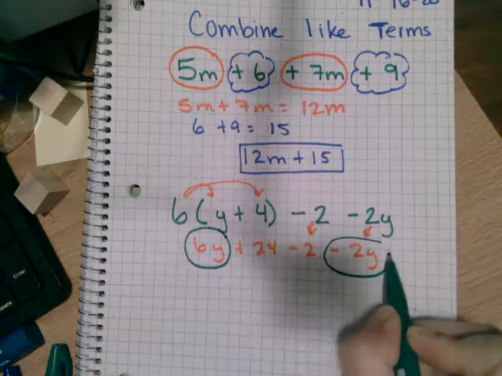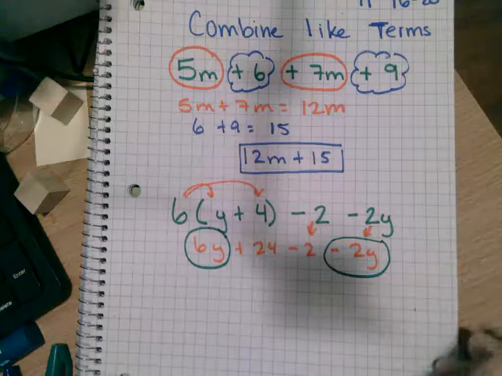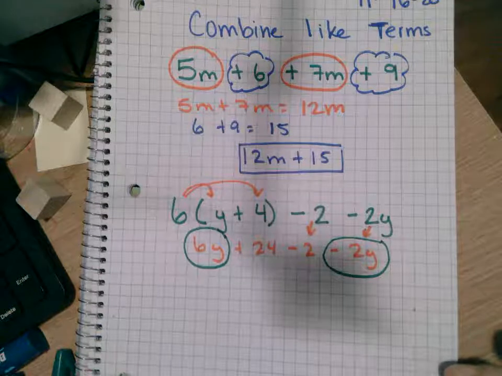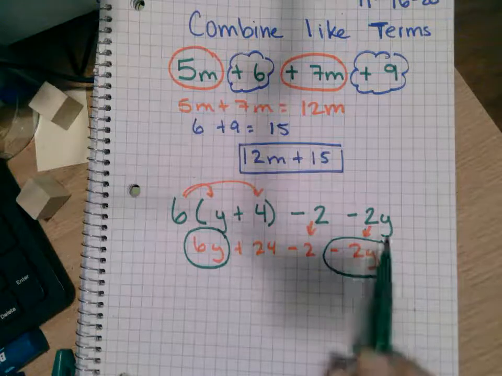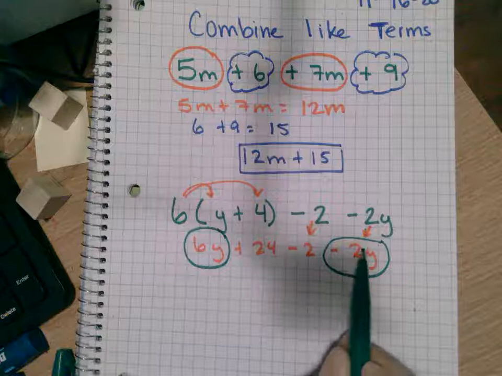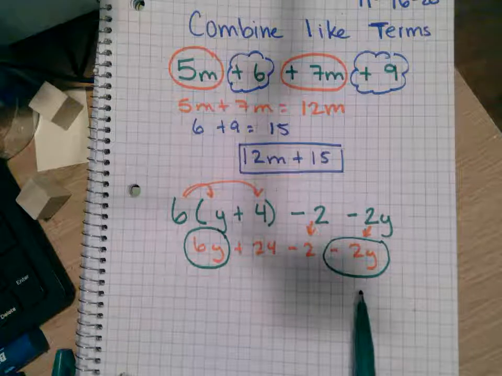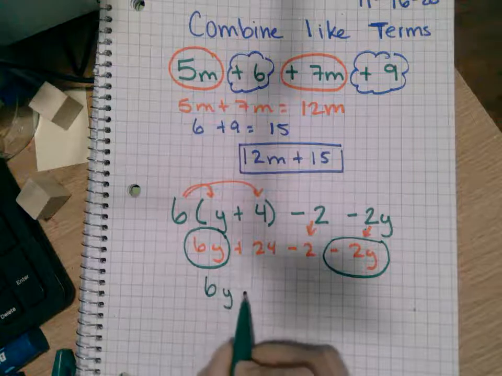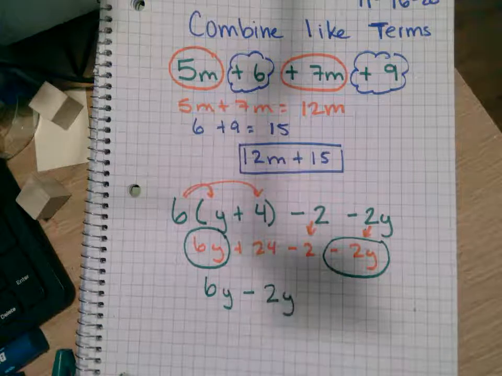Now notice, this is counterintuitive to what I wanted you to do with the order of operations, because I told you not to circle the adding and subtracting. Here I'm telling you to do it. Sorry. So I'm going to circle the subtraction sign, because when I rewrite this, it's 6y minus 2y.